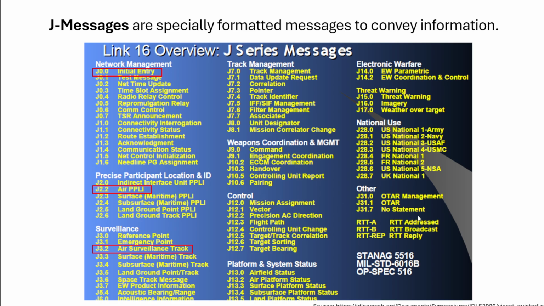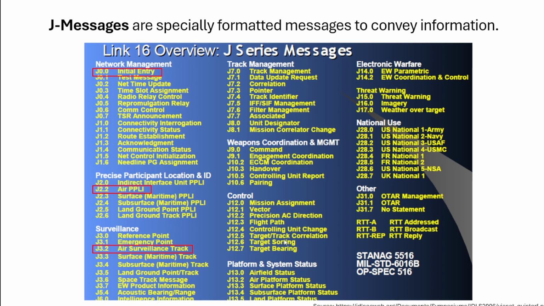Control is very interesting. Control means air control can send information to your heads-up display and your FCR about vectors and flight paths and so on. There are two very important ones here, which are J12.6 and J12.5.